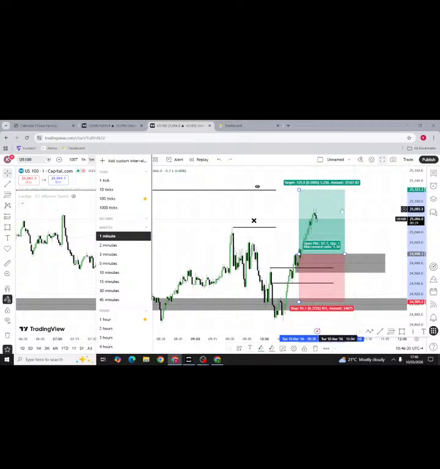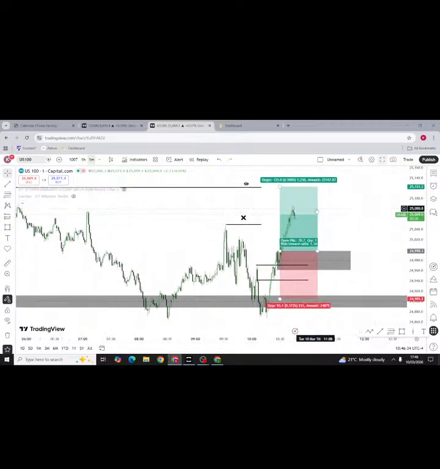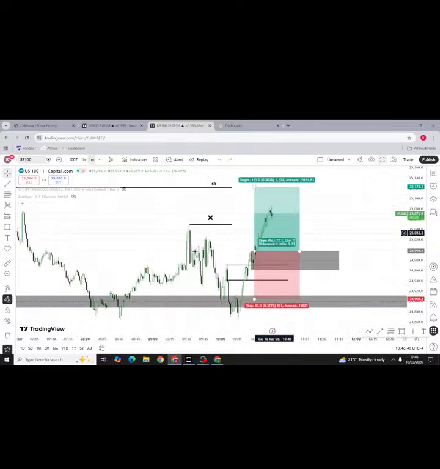Lately, Nasdaq has not been trading well, but I guess it was because of NFP. Yo, this wasn't cool.